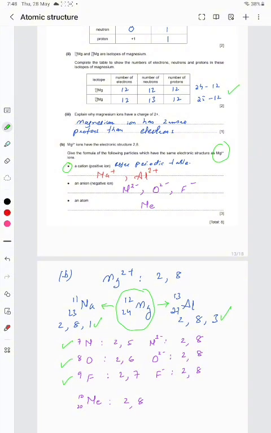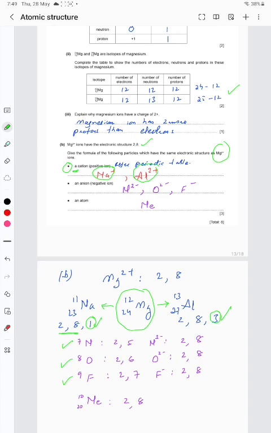And you can see in Na+, this one electron is lost, and the resulting is 2,8, which is what we are looking for, 2,8. And in Al3+, these 3 electrons are lost, so the resulting species is Al3+. So for cation, these are the 2 answers, but you have to write a cation, so you can write any of the 2.